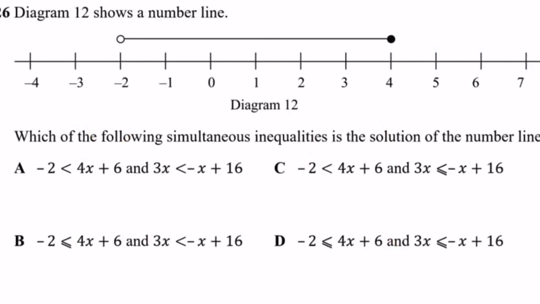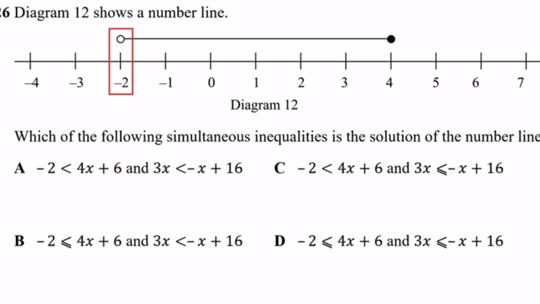When you look at the line, it starts from negative 2 and ends at 4. At negative 2, you have a blank circle and the line is going to the right. At 4, you have a solid circle and the line is going to the left.